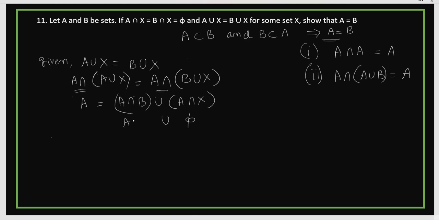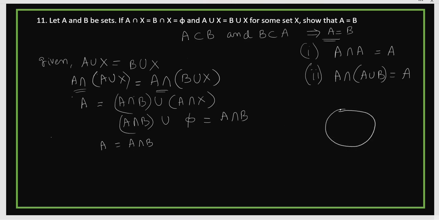So A union A intersection B is just A intersection B. That means A equals A intersection B.